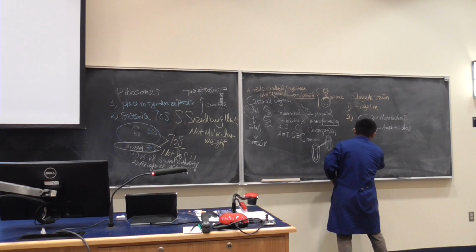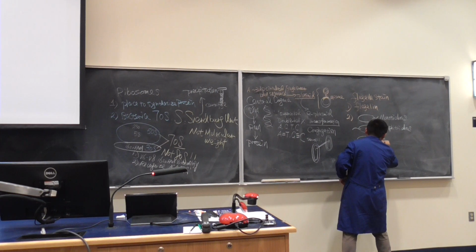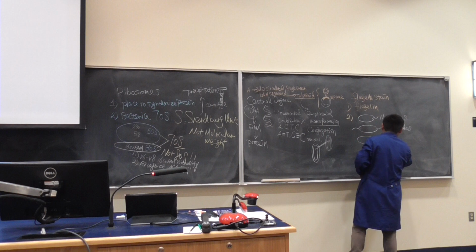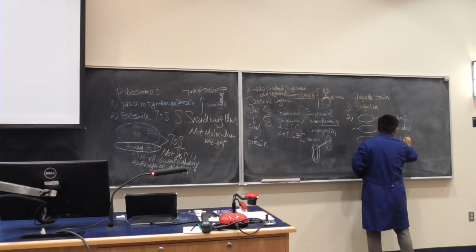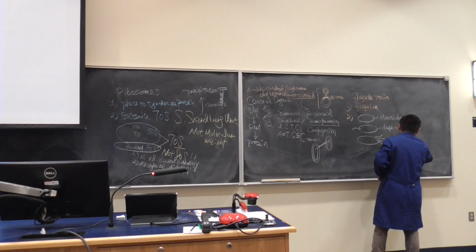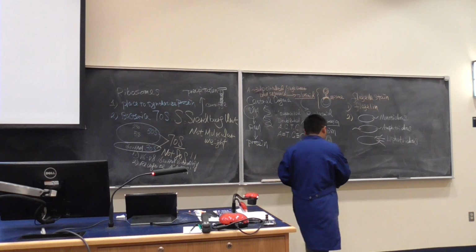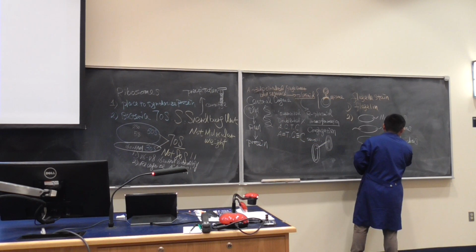Then you have another situation, where lots of flagella are stacked or accumulated at one end. This is called lophotrichous. I want to make sure of the spelling. L-O-P-H, lophotrichous.